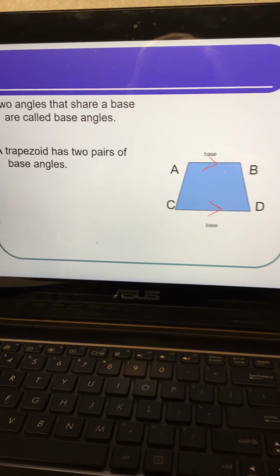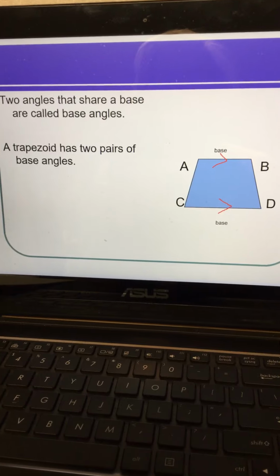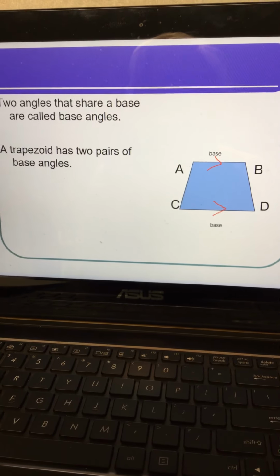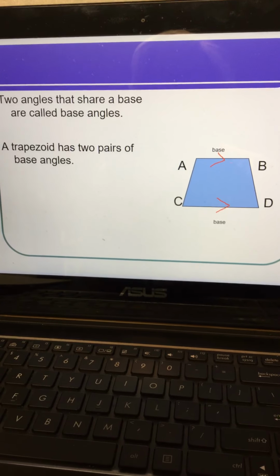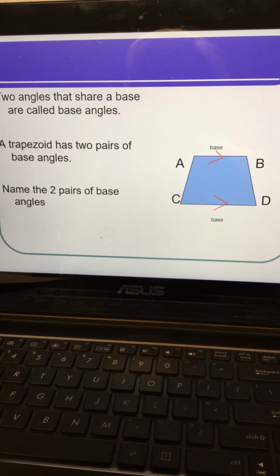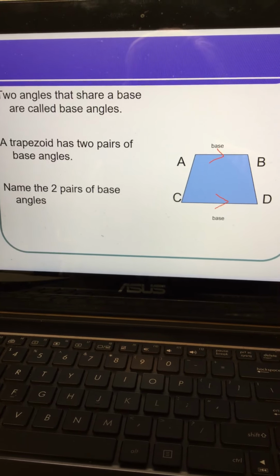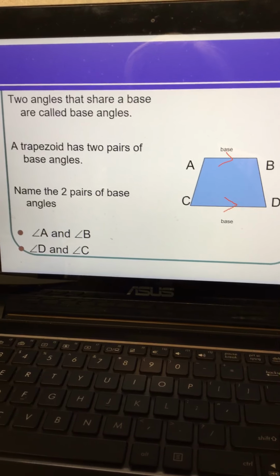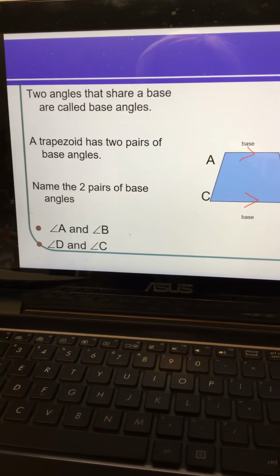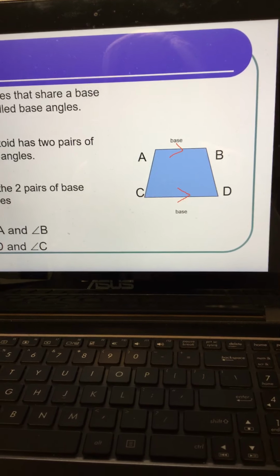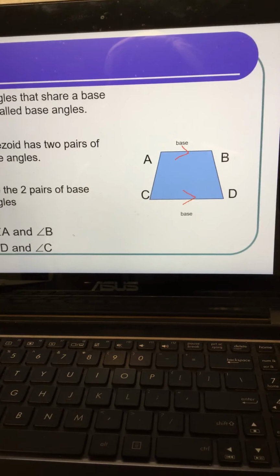Don't know if you can identify them or not, but if you look closer here, we have A and B on either end of this base, and C and D are on the end of the lower base. So our two pairs of base angles, and let's notice what I'm calling them, base angles. They're not across from each other at all. They are sharing the same base.